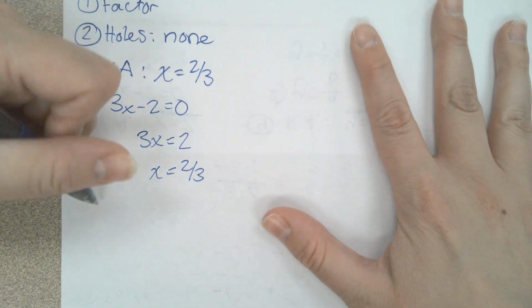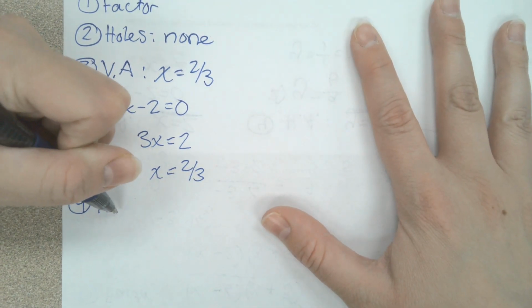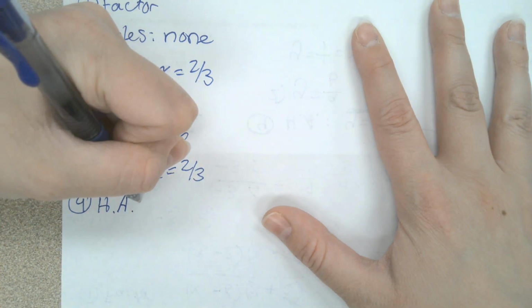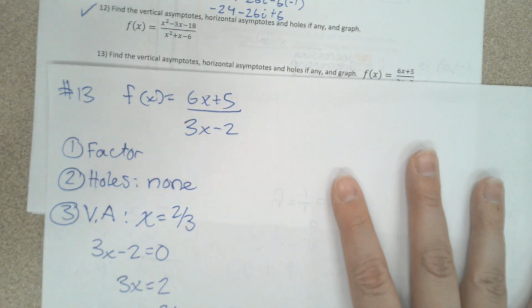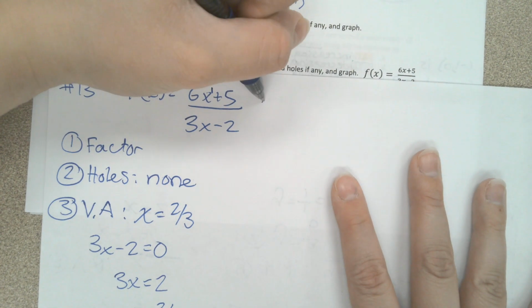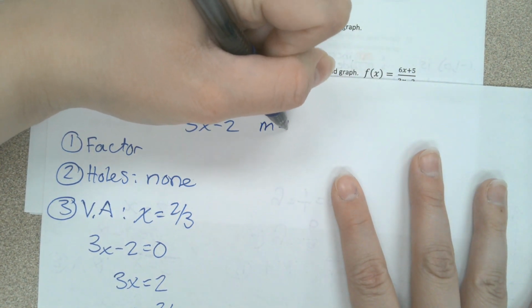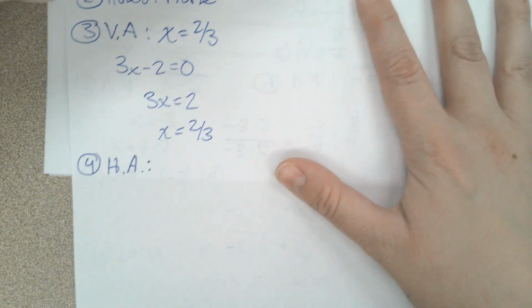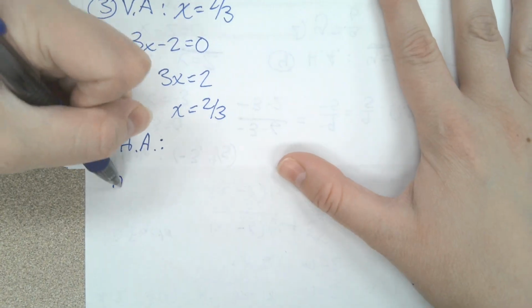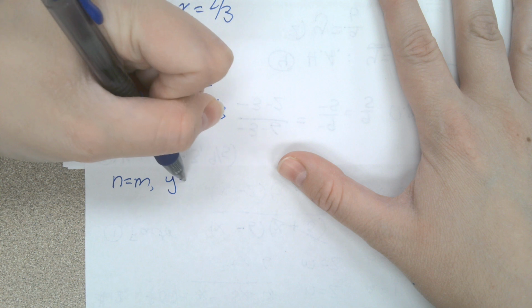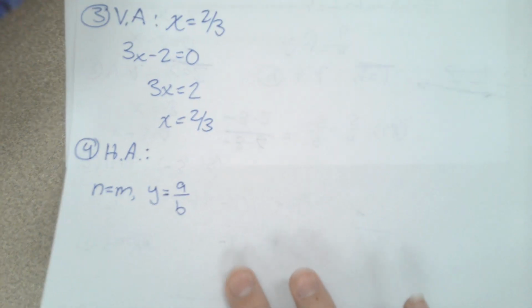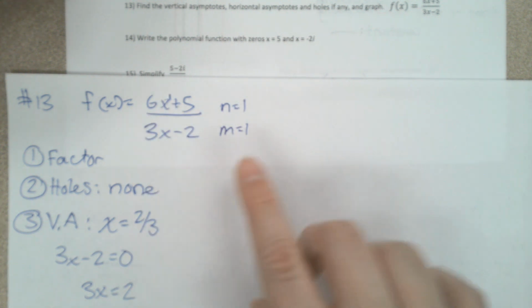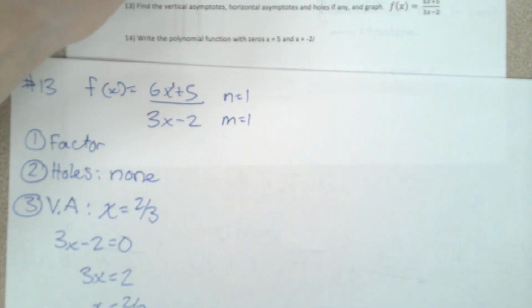And then our horizontal asymptote, that comes from comparing the degrees. So the degree of the top here is 1, and so is the degree of the bottom. We just did one of these. That means if n equals m, we use y equals a over b, which are the leading coefficients of our numerator and denominator.